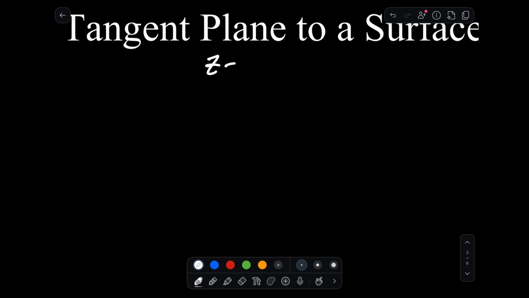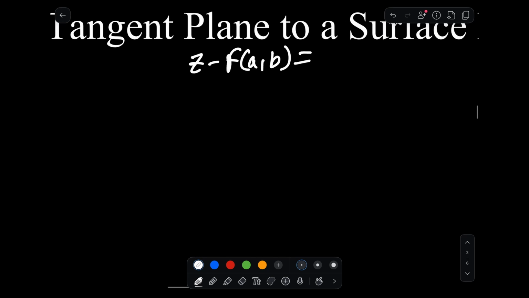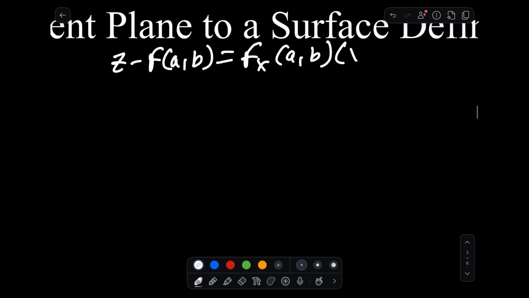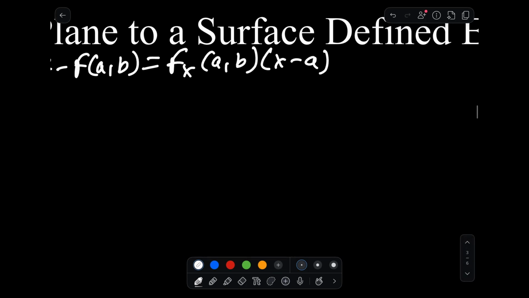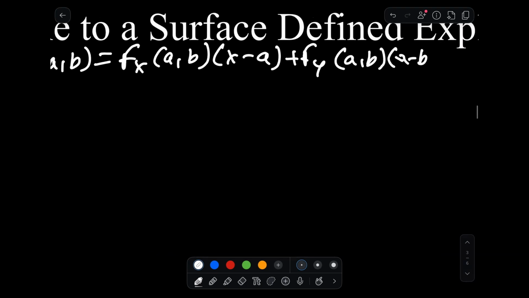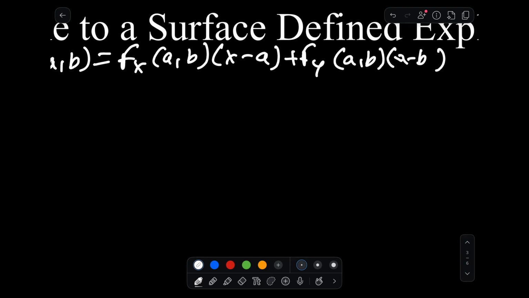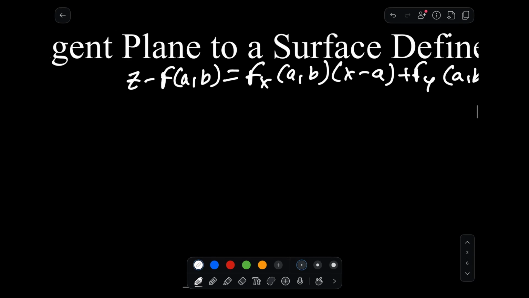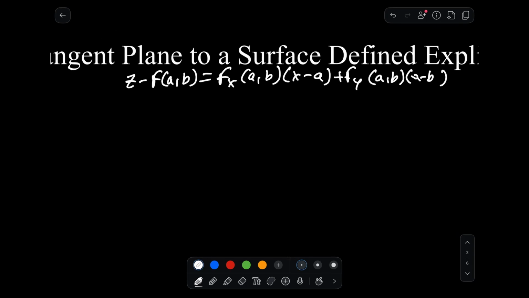We can say that z minus f(a, b) equals f sub x(a, b) times (x minus a) plus f sub y(a, b) times (y minus b). And this is another way of getting our explicitly defined curve to be written like this.